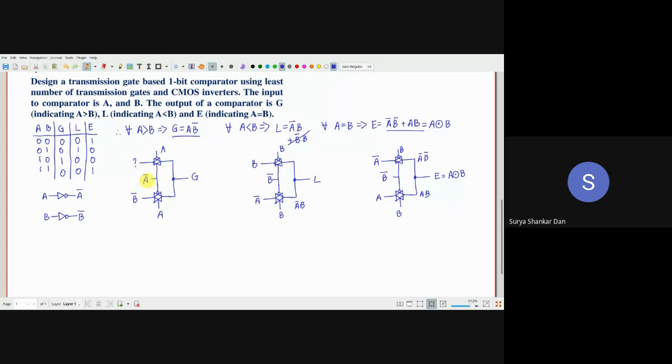Similarly here it is A bar. So what we should do here is plus A bar into something. Put A here, such that this will basically cancel out. Got it, everyone?